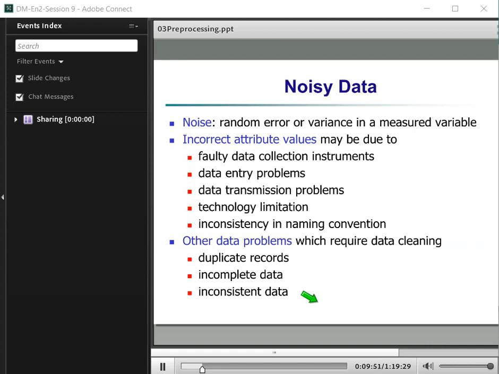Sometimes, for example, I have a feature with a specific name, for example, name A in one database, and I have a similar feature in another database with name B. I should be careful about their names. A and B are similar features, but their names are not the same.